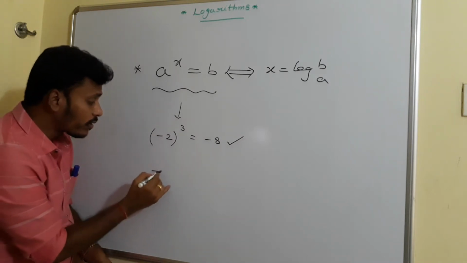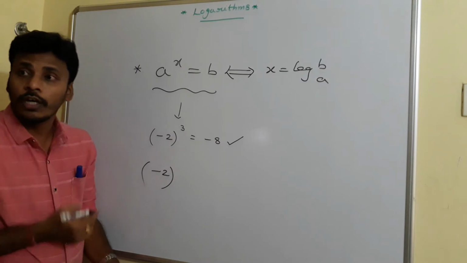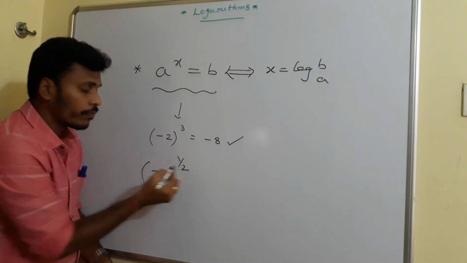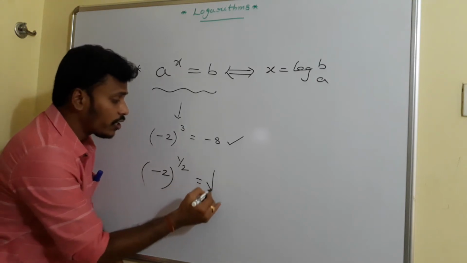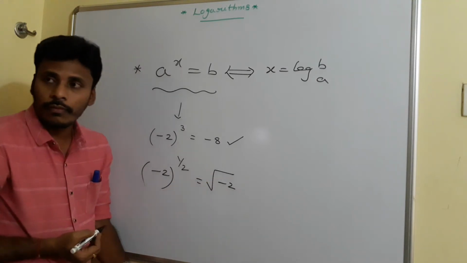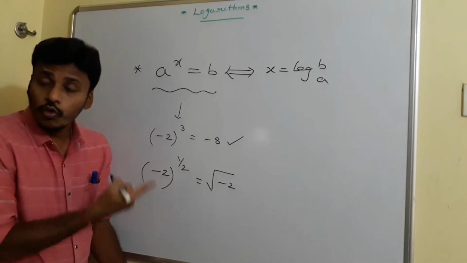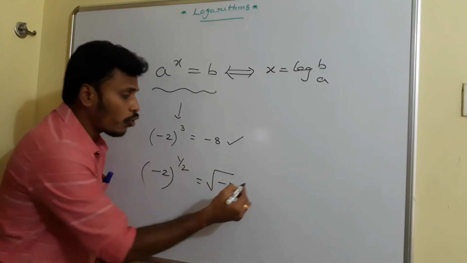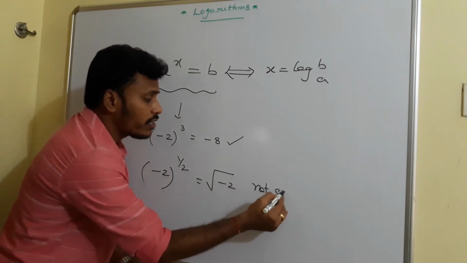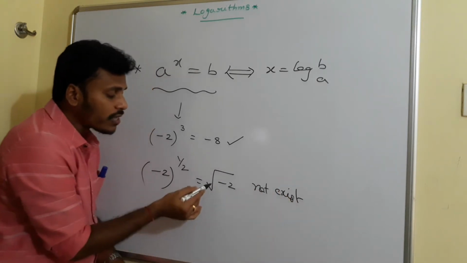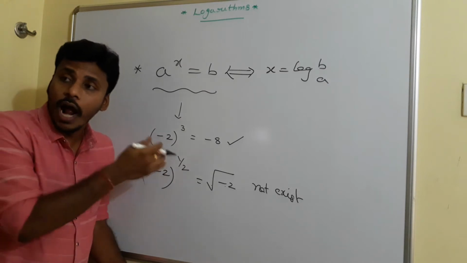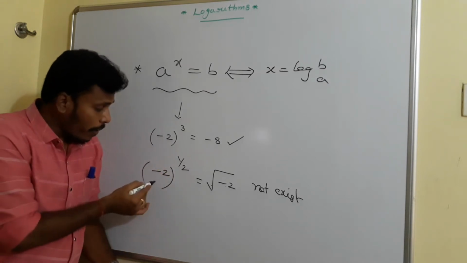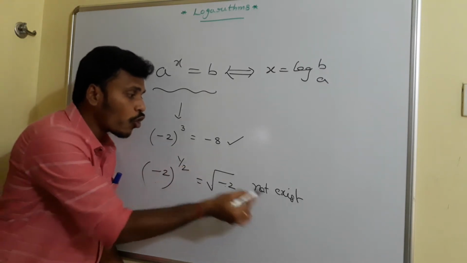But if you take minus 2 to the power 1 by 2, this is the root of minus 2. Root of minus 2 is not real, it does not exist actually. This is not defined, because negative numbers are not allowed under the square root. So minus 2 to the power 1 by 2 does not exist.